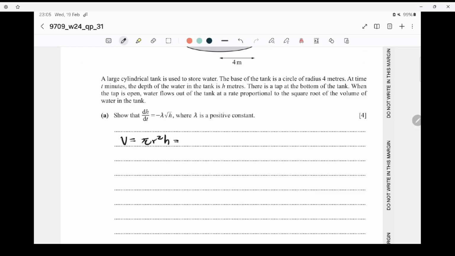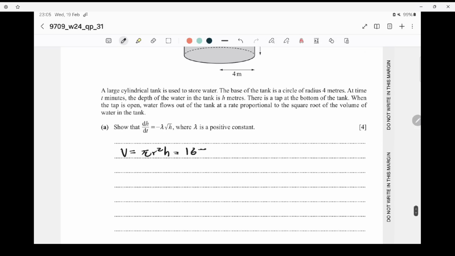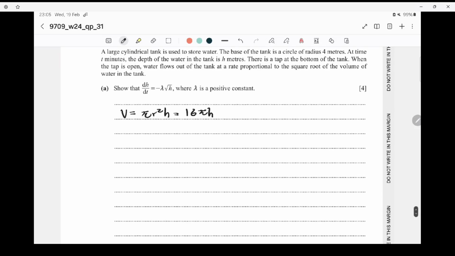r would be 4, so it will be 16 pi times h. So what you need to do is find the rate of change. Essentially you are given that the rate of change of the volume, because the water flows out, so you need to put a negative sign, is proportional to the square root of h.